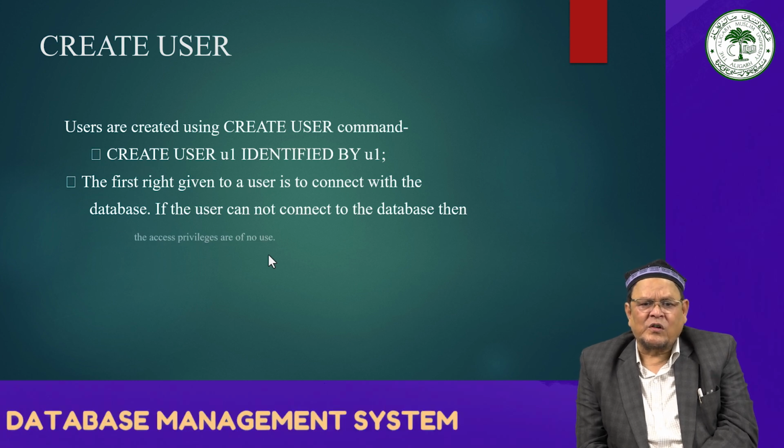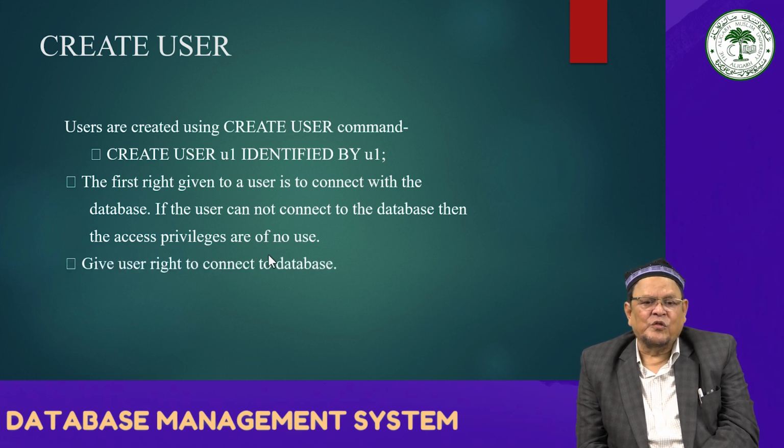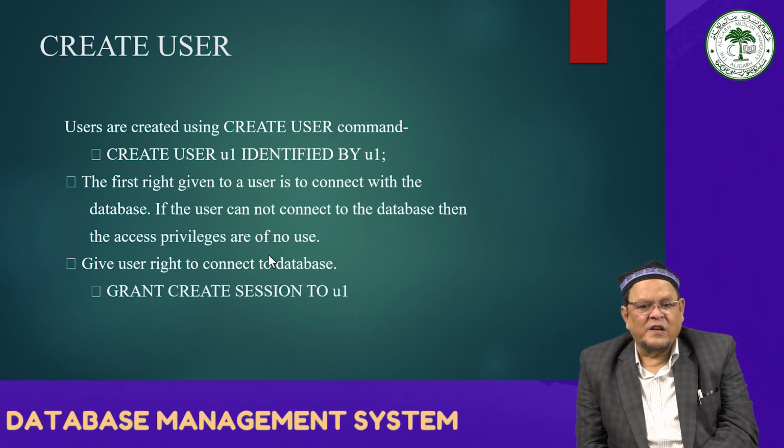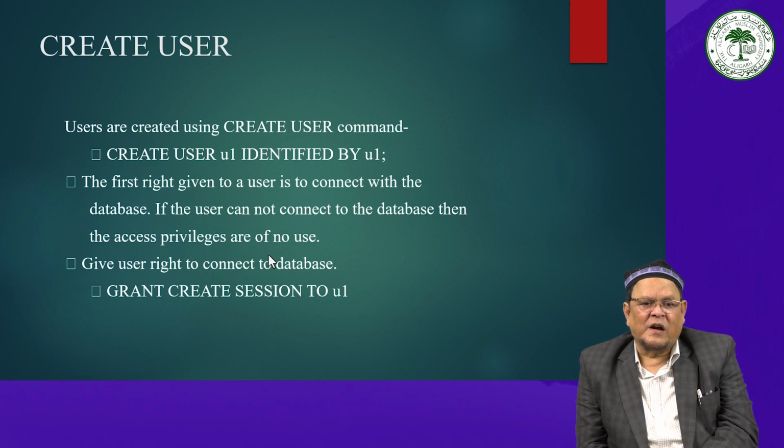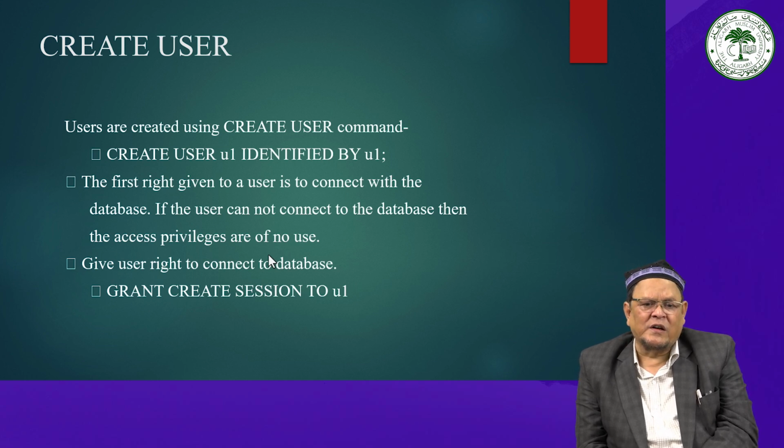If the user cannot connect to the database, then the access privileges are of no use. So give the user the right to connect to the database first of all: grant create session to U1. So by that you can give a grant. You can also revoke. I've already explained grant and revoke in the previous lecture.